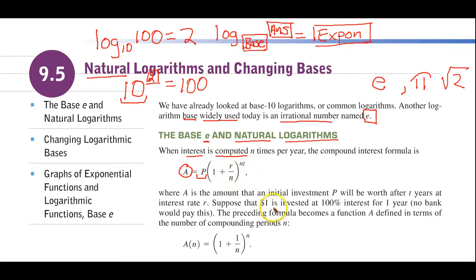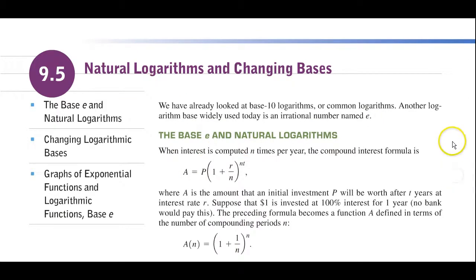Now, if we were to have $1 as our initial principal, that would just be a 1 there. It would be basically this formula then, that we would raise to some period of time. Now, suppose this period of time is 1 year. Well, let's take a look at that here.